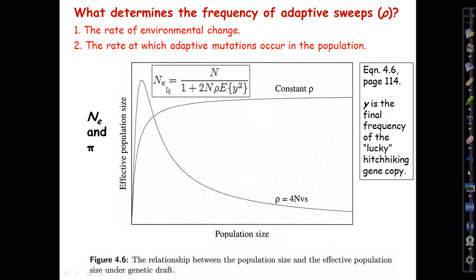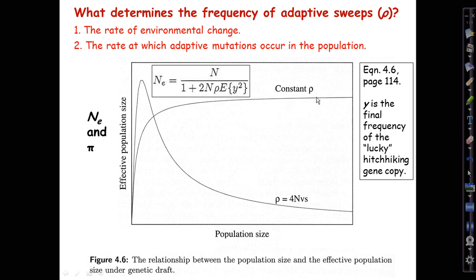Okay, so NE is the actual population size devalued by this denominator, which is greater than 1, and it goes up with N and rho and this expectation of y squared thing.